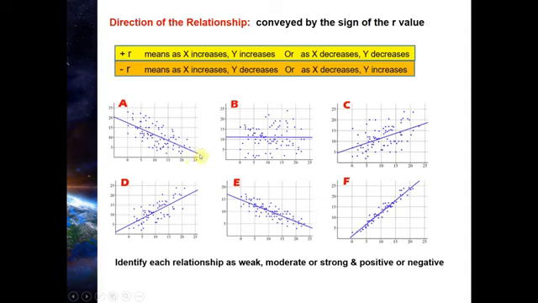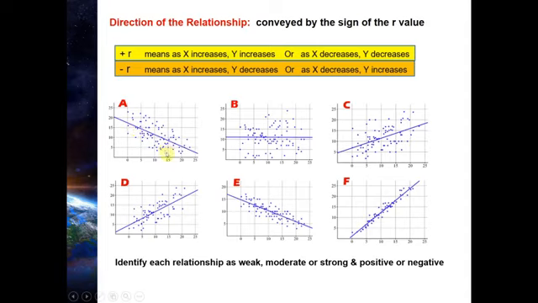Now, if I started at this end instead, then it would sound different, but we're describing the same relationship. This says as x decreases, as x is going down, what's happening to y? Y is going up. But you see, it's the same relationship. It just depends whether you want to start at the left end of the graph and go right, or if you want to start here and go left. But you're describing the same relationship. X and Y are moving in opposite directions.